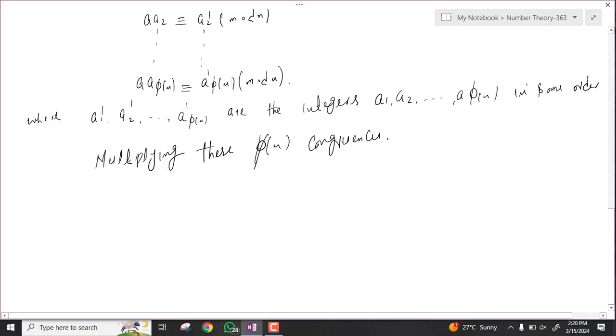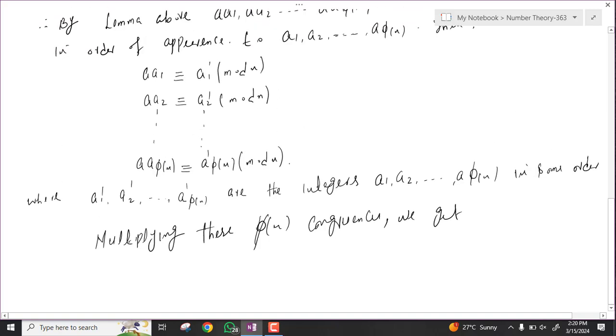Multiplying these phi n congruences, we get AA1, AA2, and so on, AA phi of n is congruent to A1 dash, A2 dash, and so on, A phi n dash modulo n.